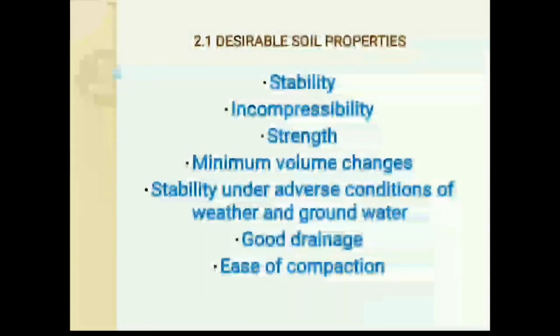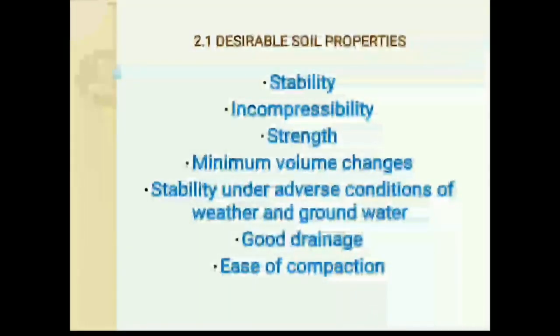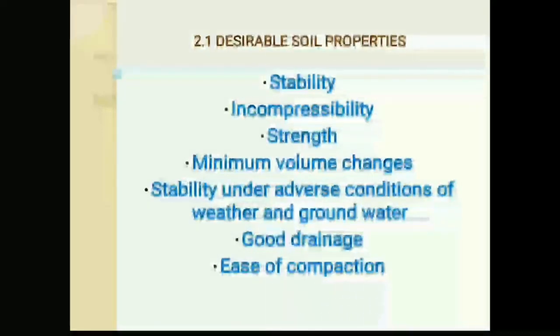Now, fourth is minimum volume changes. Minimum volume changes will ensure minimum variation in differential expansion and differential strength values. Expansive soils or black cotton soils as a subgrade material are very poor as these soils are expansive in nature.